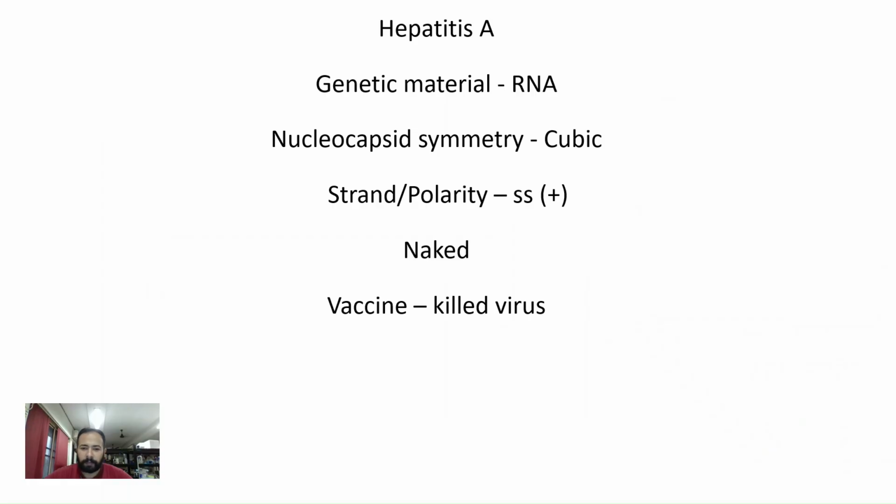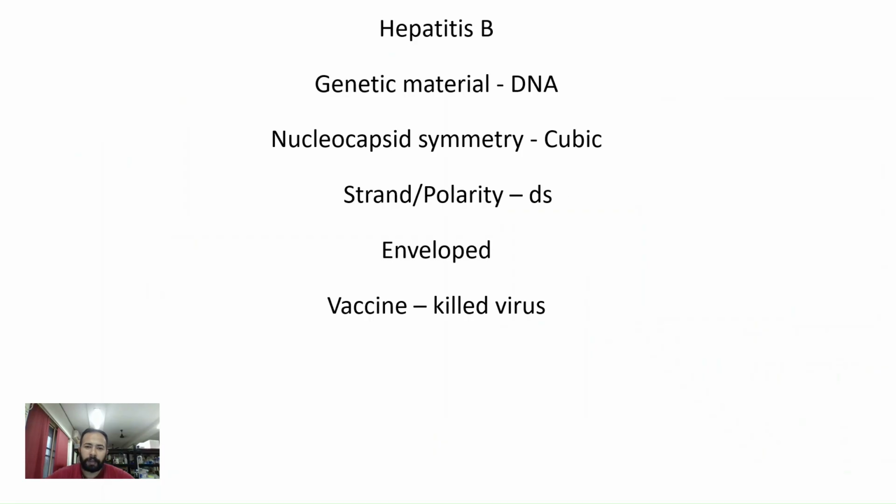Strand polarity is a positive strand, and its nucleocapsid symmetry is cubic, and it doesn't have an envelope around the capsid, so it is called naked versus the envelope. And the vaccine for this is a killed virus. So, in regards to our question, this is out of the option. We are looking for live vaccines.